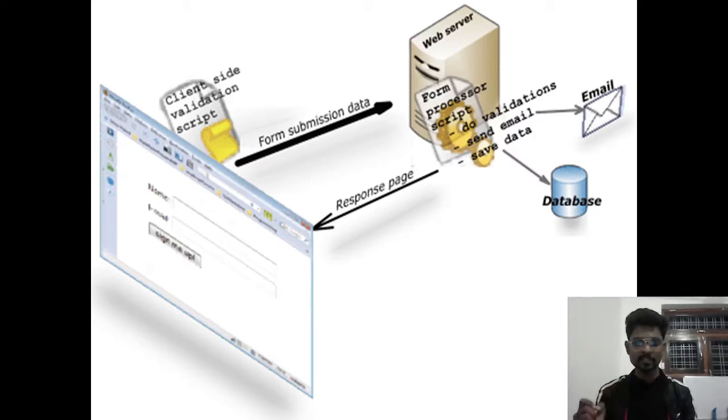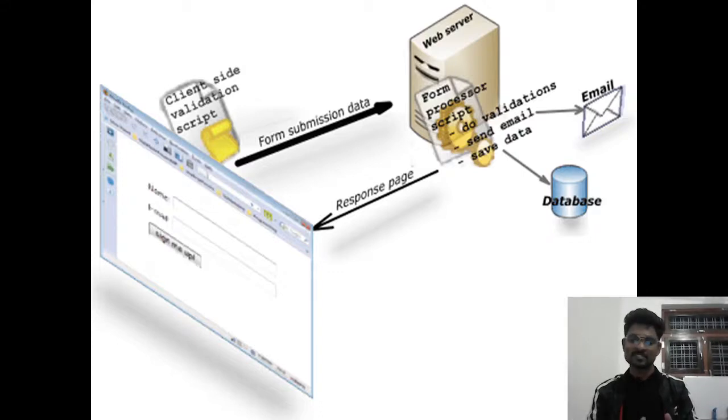But in between clicking submit and getting the response page, some processes happen: your filled form data goes to the web server, a form-processing script runs and checks the validation. After validation, it sends your data to you through email, saves the data into the database, and sends you a response page back. These things work behind the scenes.